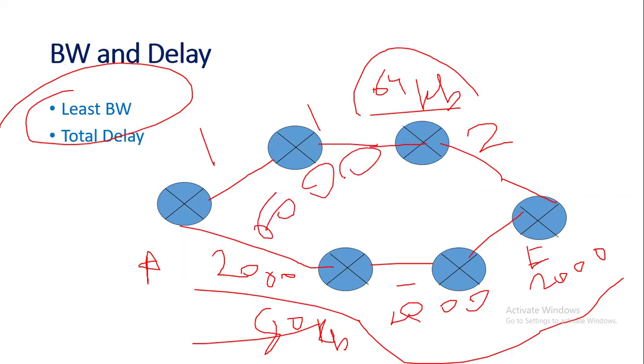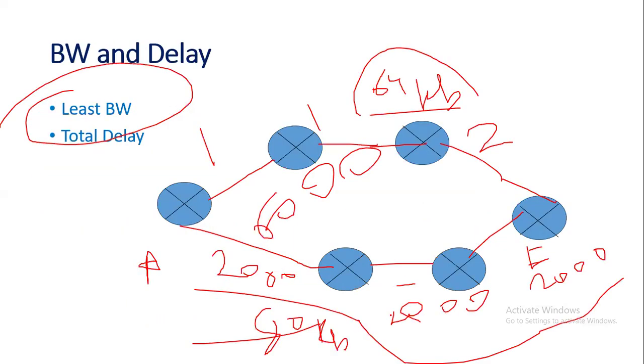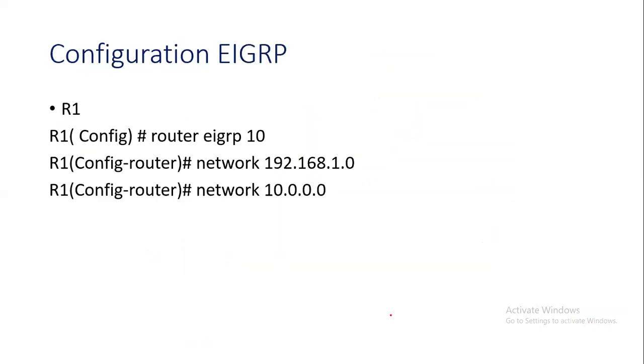So that is how the EIGRP metric works, and we need to think about the formulas and their details, the bandwidth plus the sum of the delay. These are the important things while configuring EIGRP.